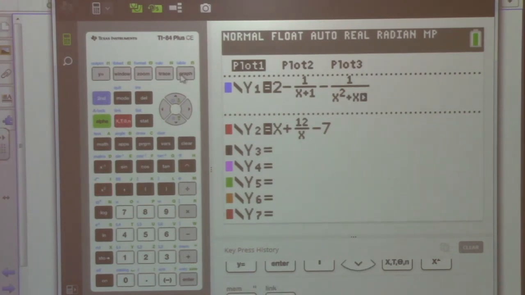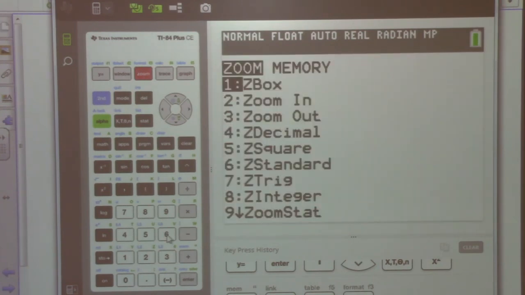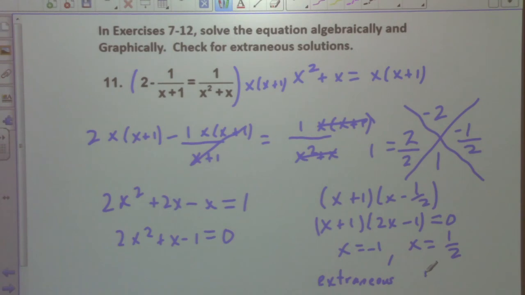What are we going to see here? Graph. So we see that 1/2 here, don't we? If we go to zoom 6, we could pick up that negative 1 if it exists, but it does not exist, right? So 1/2 is real, and negative 1 is extraneous.